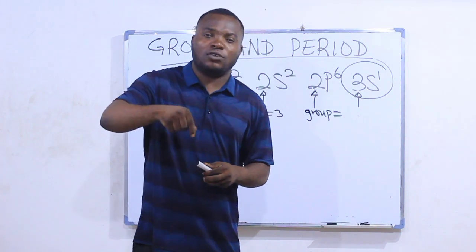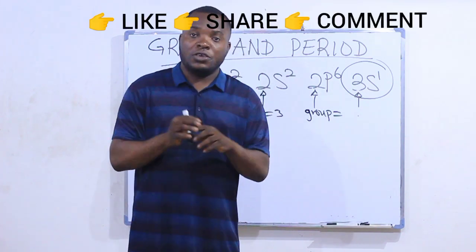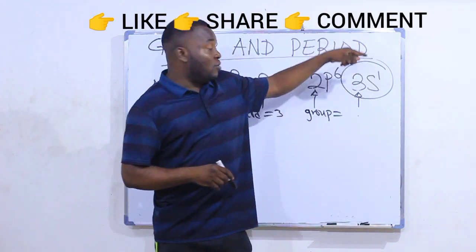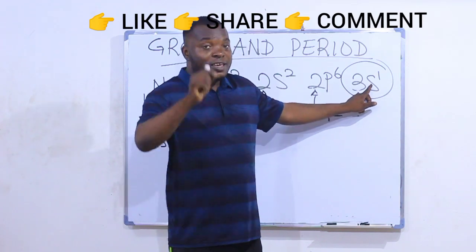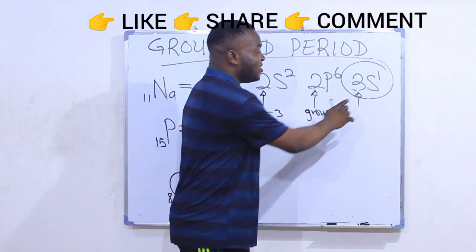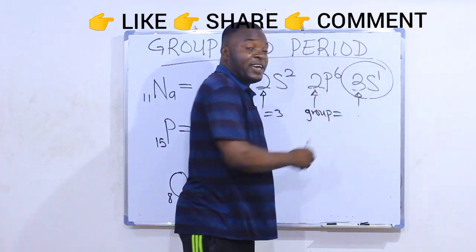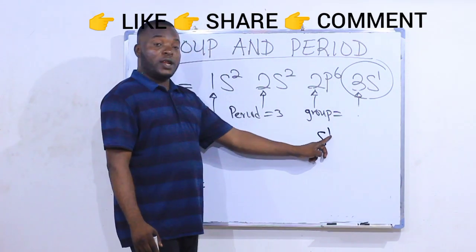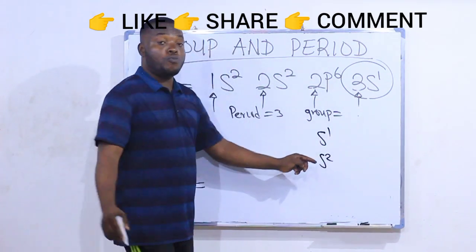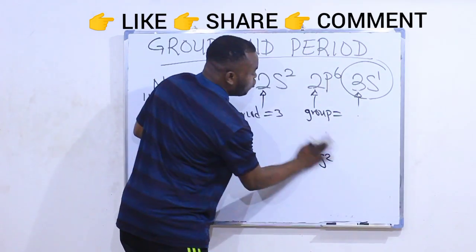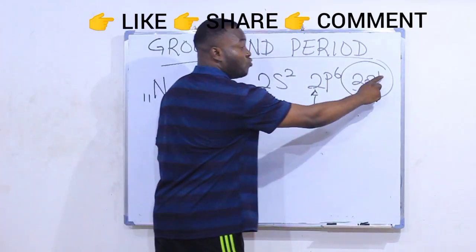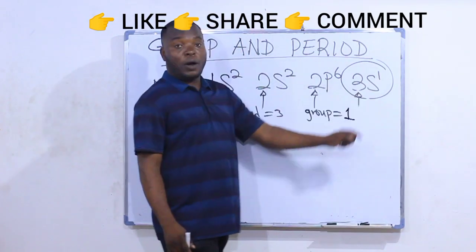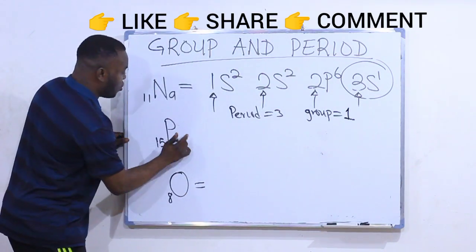If the configuration of the element ends with the s orbital, the power of that s is the group of the element. So if it ends with s1, the group of the element is 1. If it ends with s2, the group of the element is 2. Because the electronic configuration of sodium ends with s power 1, sodium is in group 1.